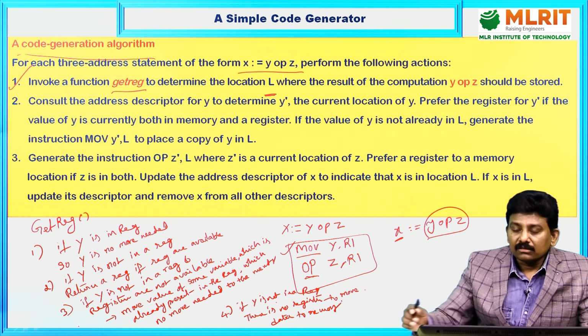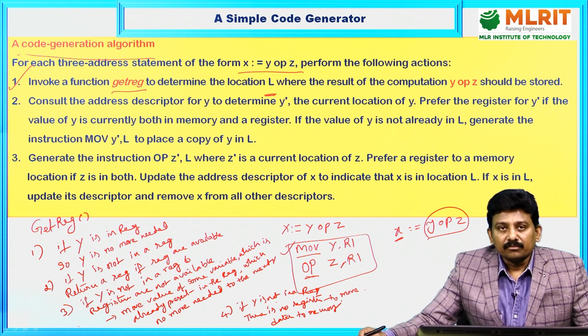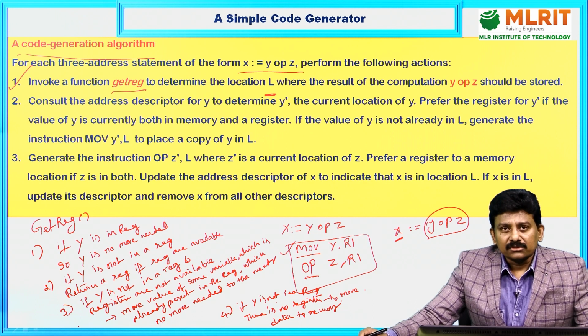That is, all the registers are busy and all the variables stored in the registers are needed, so that we cannot copy the content of some of the variables into memory.